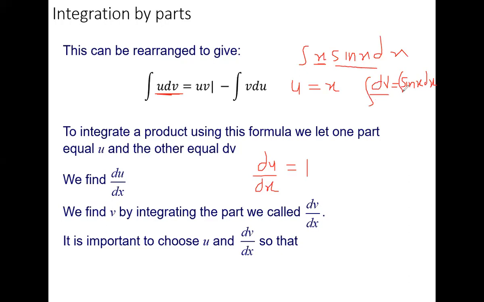X. When we integrate sine x, what do you get? You get negative cos x. This time you will not bring the constant of integration. Okay, good. So these are the steps. Then you come and substitute this into the formula, having known your u and your v.